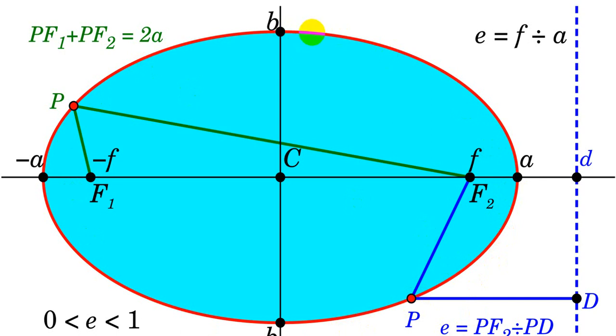The most important thing is that BF1 plus BF2 equals 2A, meaning that distance. Another most important thing is that the eccentricity e equals F divided by A.